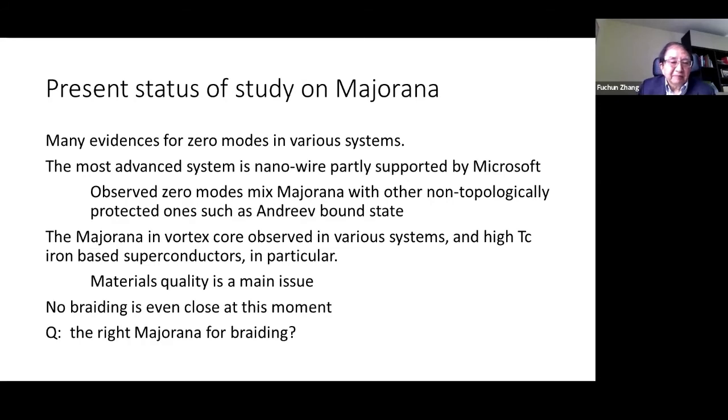A more serious challenge is that there's no braiding. Although the Majorana zero mode is encouraging for developing possible topological quantum computing, the question is whether it is the right Majorana for braiding. I think that's the $1 million question people are looking for.